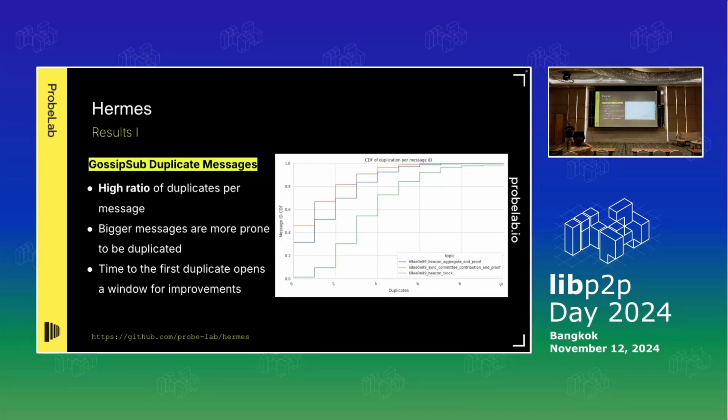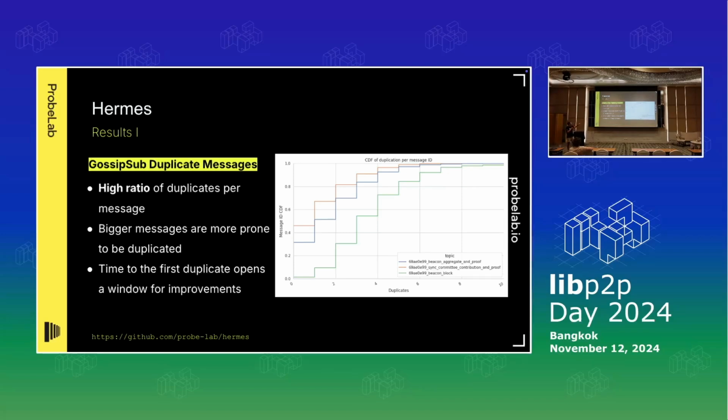I think Dave touched upon this earlier, just briefly. First of all, we saw that we receive a lot of duplicate messages on gossipsub, which gives a good opportunity for improvement.